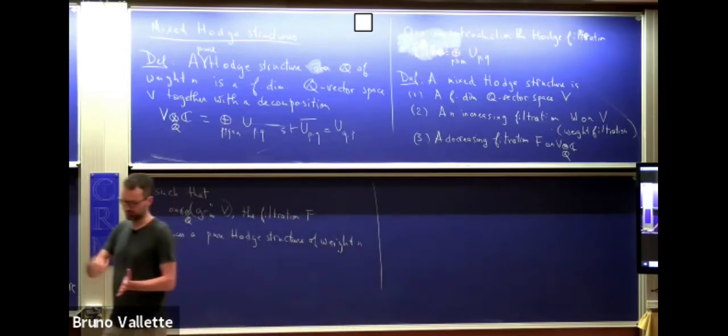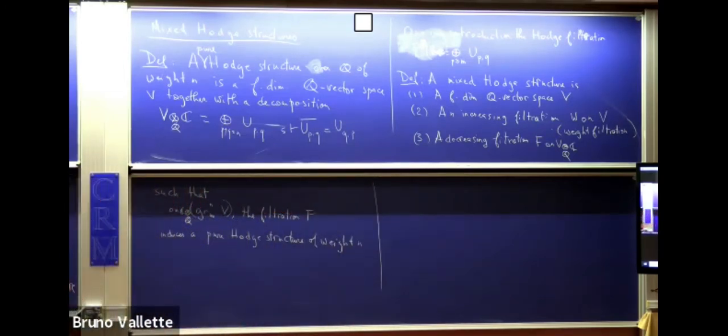So essentially, it's something that is built out of pure Hodge structures by certain types of extensions. That's how you build mixed Hodge structures in general.